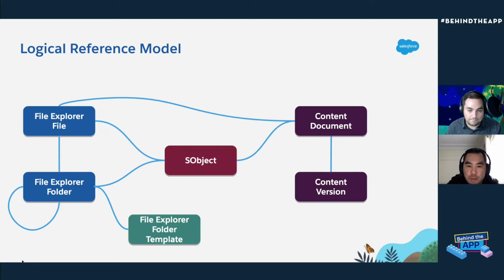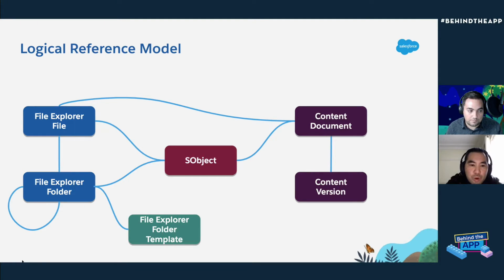There's a third object called content document link, and that handles all the file sharing and references between objects and users and the files themselves, or the content documents. So that's what I've called out here in the reference model on the right.